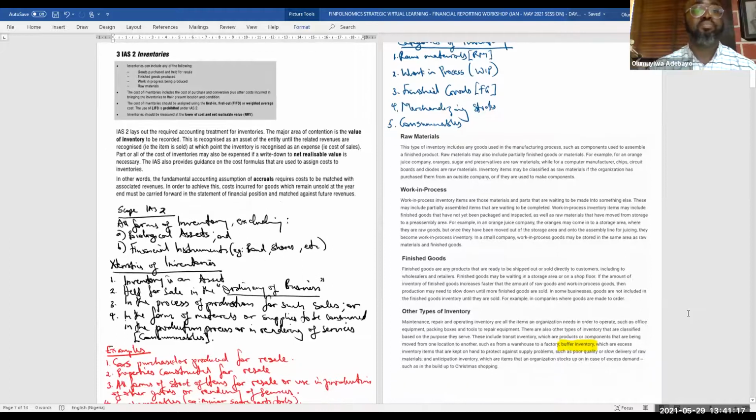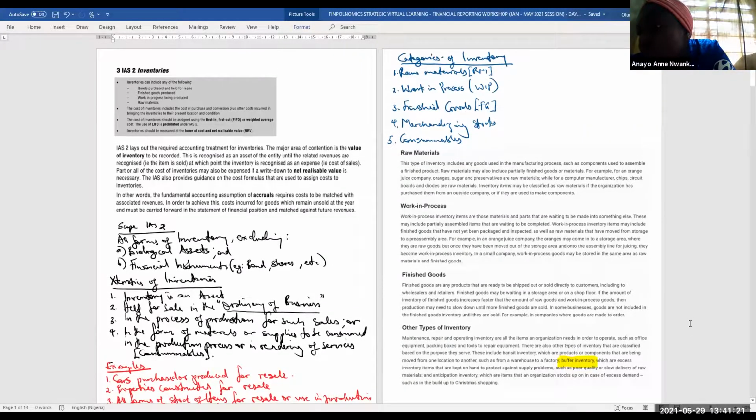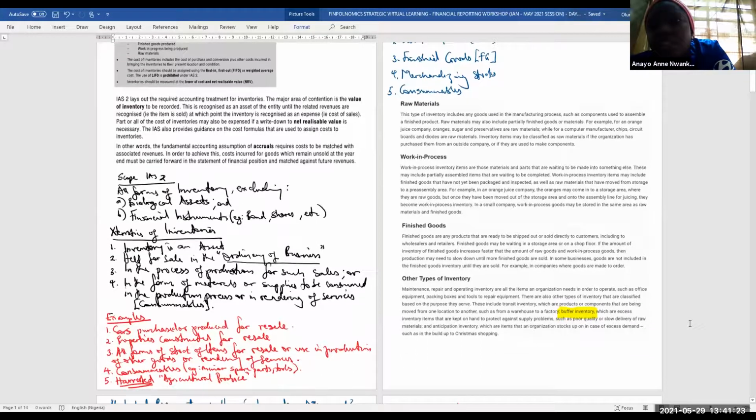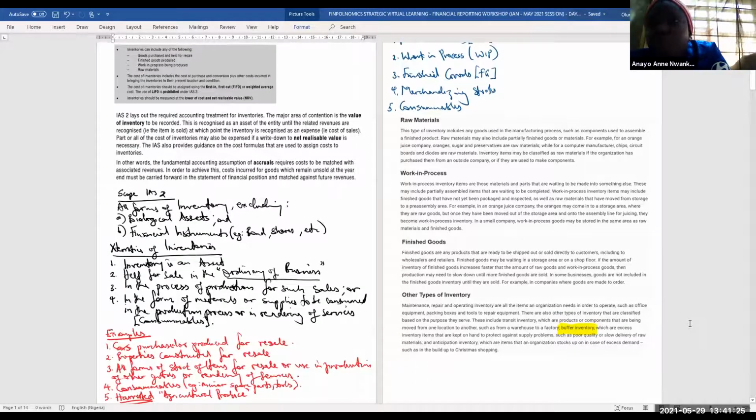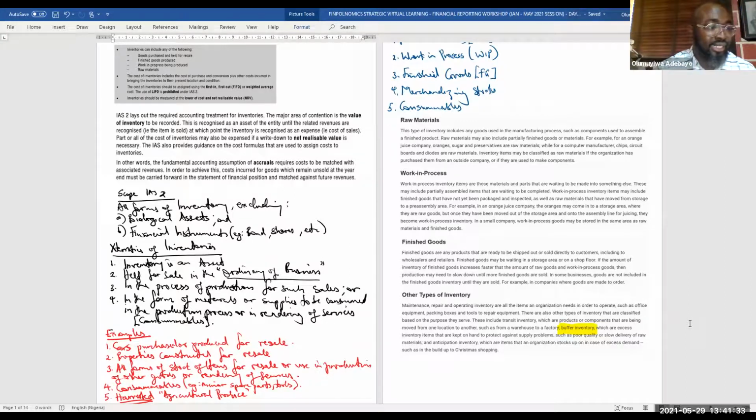Sir, you made mention of buffer inventory. I did excuse myself, but I don't know if we have said something about it. No, we are going to discuss buffer inventory when we get to IAS 16, which is the next discussion we'll have. But what do you mean by buffer inventory, or what we call buffer stock?